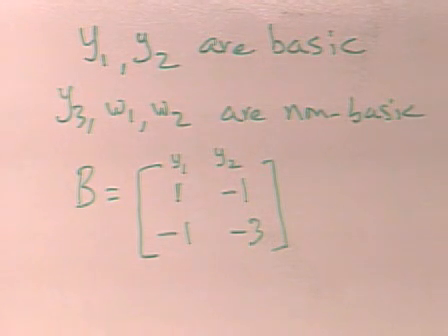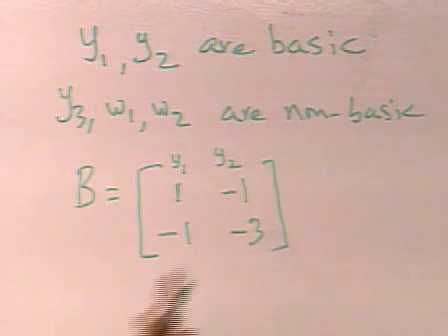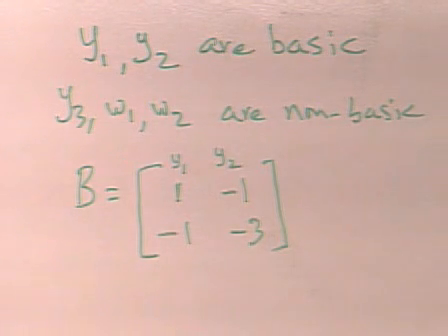So you can see the problem, the linear program described on the screen, and this is the y1 and y2 column. How do you compute B inverse?